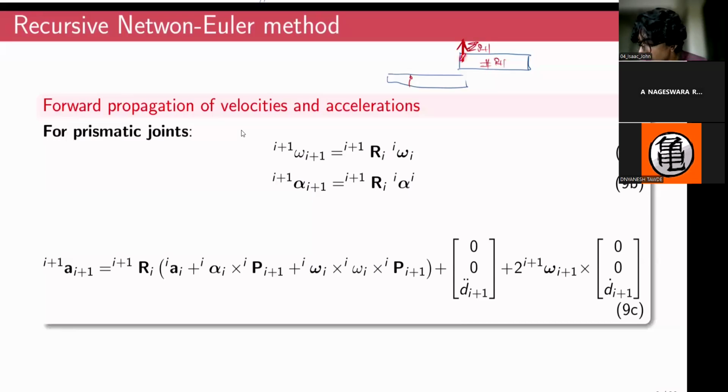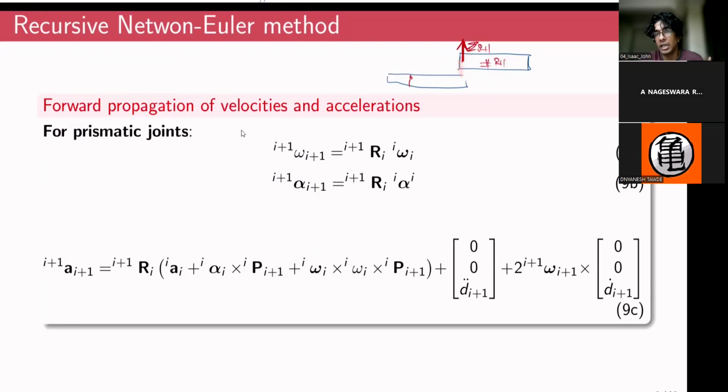So the angular velocity of the current I+1 joint would be nothing but the angular velocity of the previous joint itself, right? Because this joint does not have an angular component. It just moves back and forth. But effectively, as a resultant, if the previous link was rotating, this link will also rotate, right?